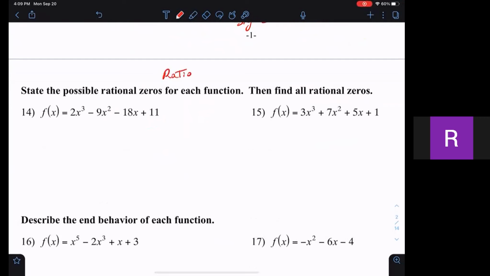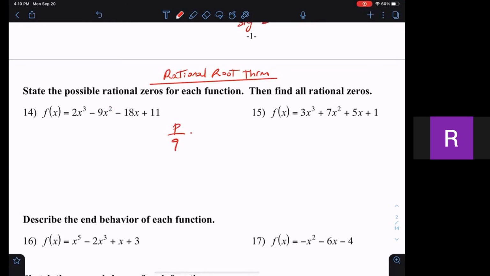The rational root theorem works for all of them as long as they're real or rational, right? So I have to write the ratio of all the constants. So that's plus or minus 1, plus or minus 11.